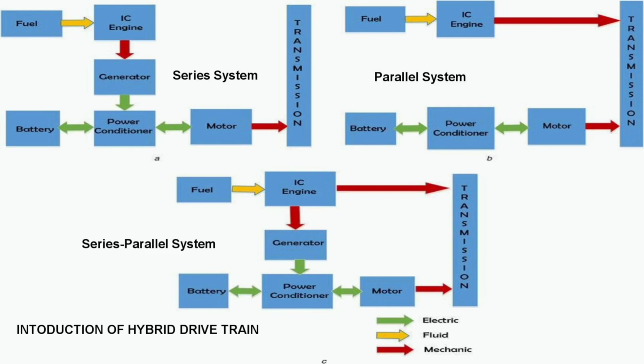Mode 2, during full throttle acceleration, both the ICE and the front wheel EM deliver the power to the front wheel and the second EM delivers the power to the rear wheel. Mode 3, during normal driving, the ICE delivers the power to propel the front wheel and to drive the first EM as the generator to charge the battery.